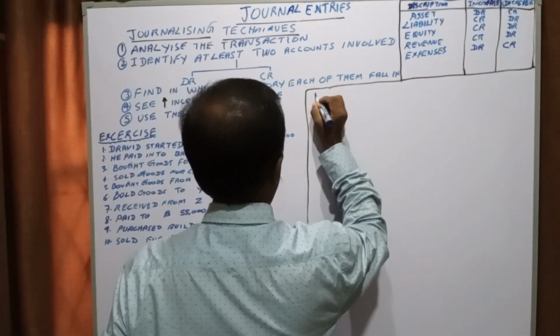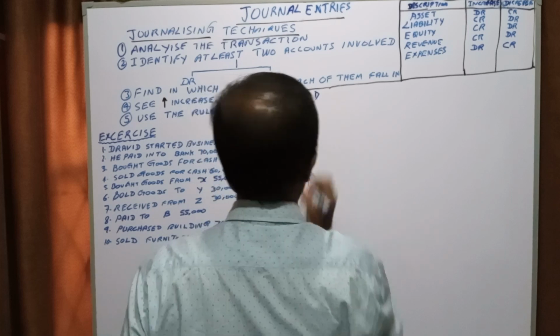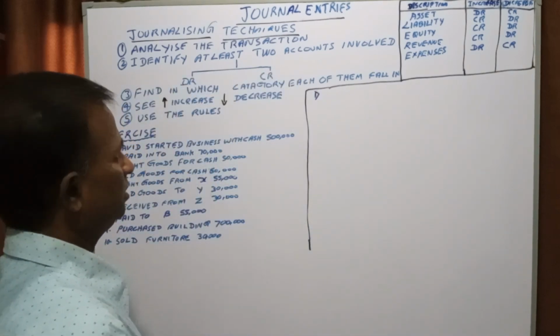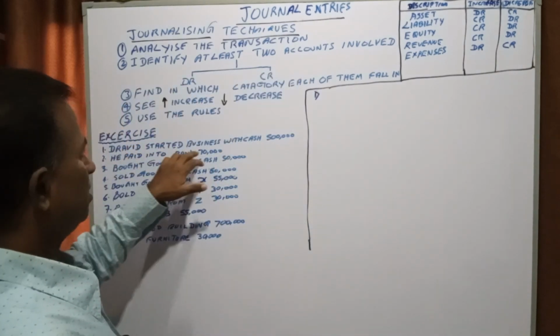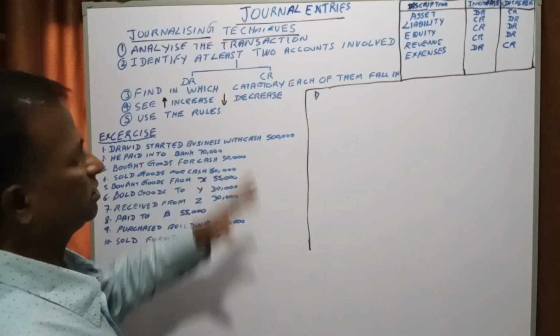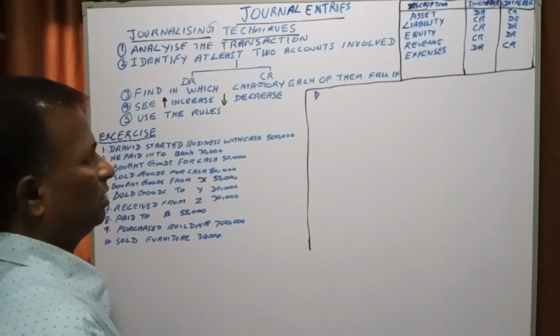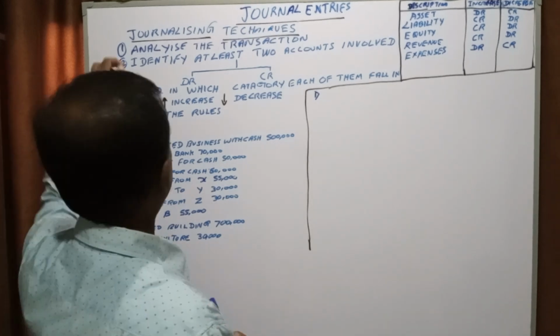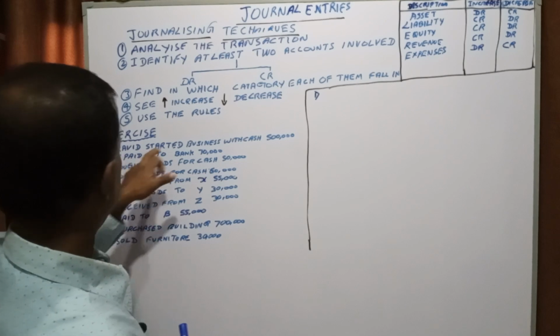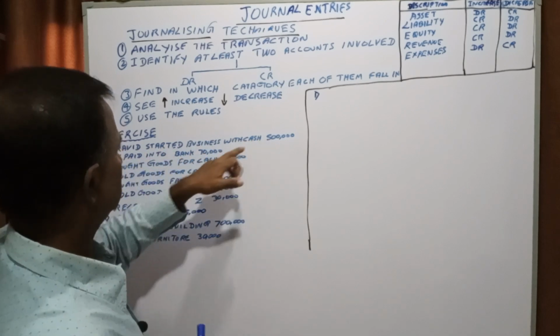What is the journal entry? First, analyze the transaction. What are the accounts affected? Dravid started the business with cash.